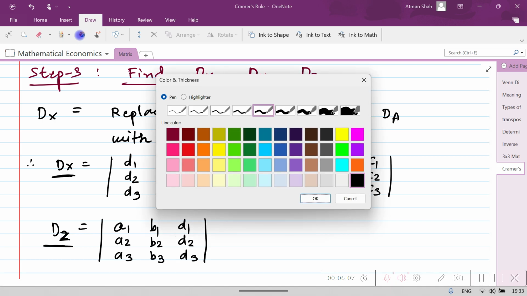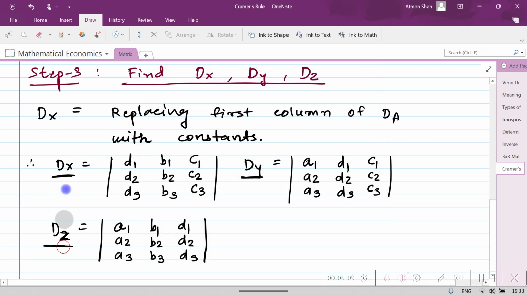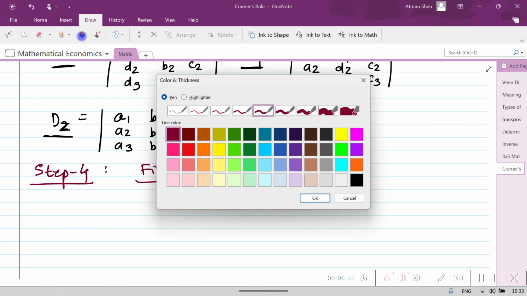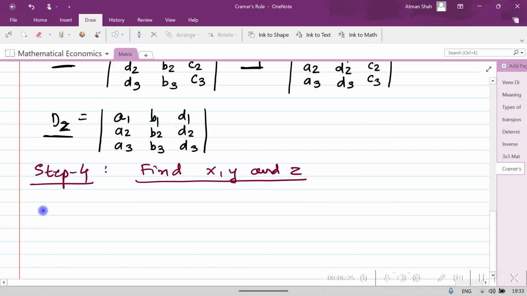So now we use these determinants to find the values of x. Step 4. Find x, y, and z. So what is the formula? x is equal to dx upon dA, y is equal to dy upon dA, and z is equal to dz upon dA.